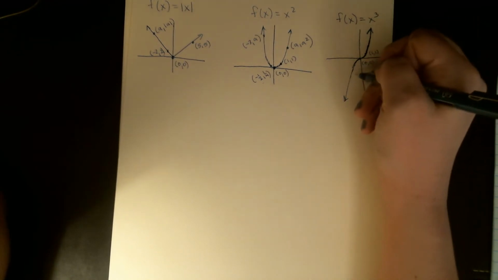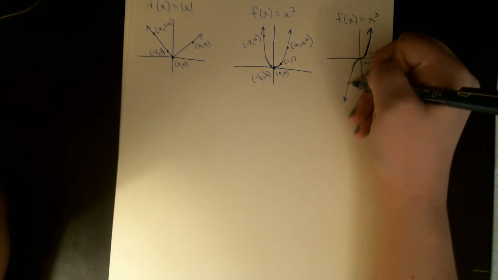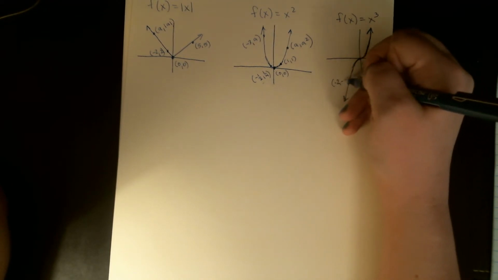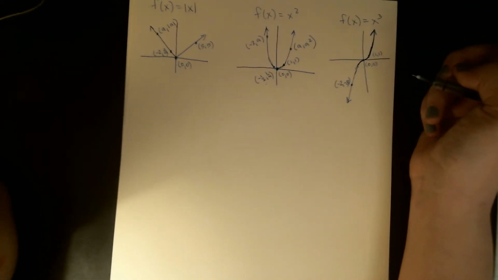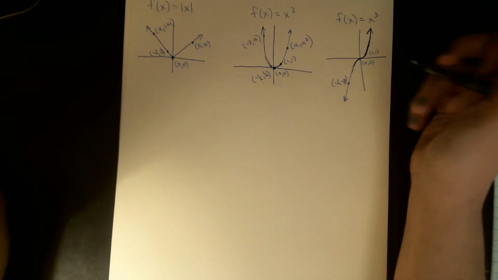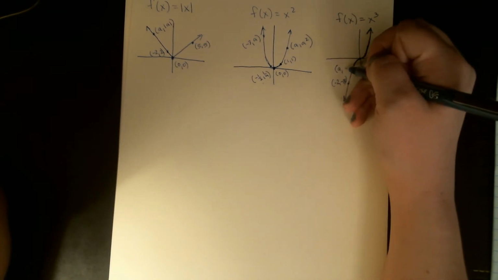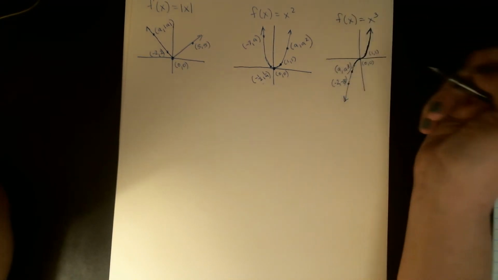So we will hit -2, -8. And -3, -27, -1, -1, and in general, whatever x coordinate we pick, the y coordinate will be the cube of that x coordinate.